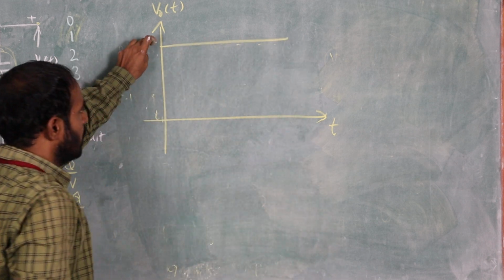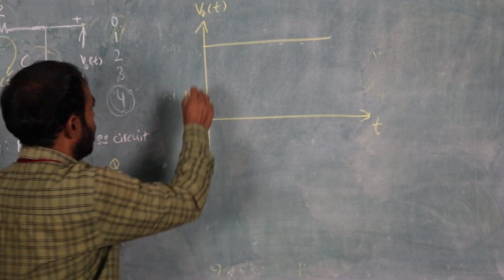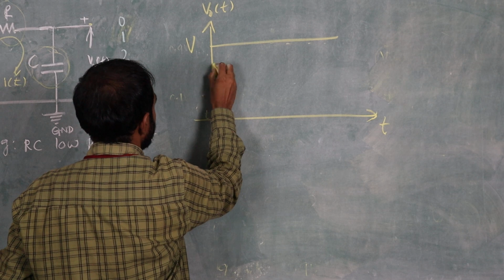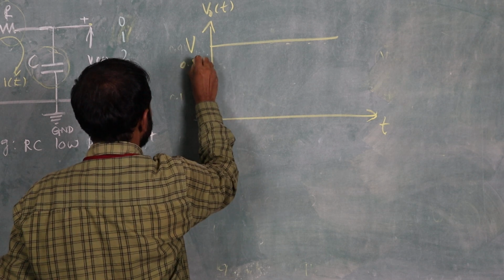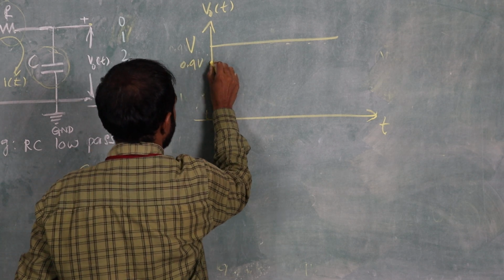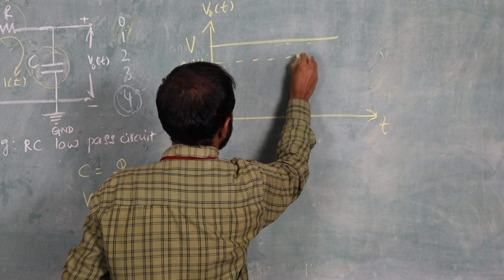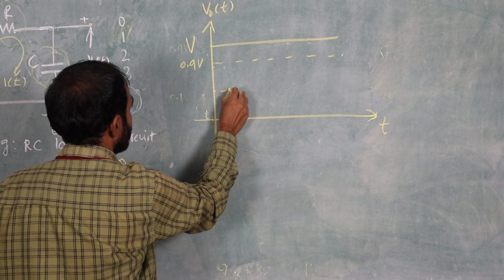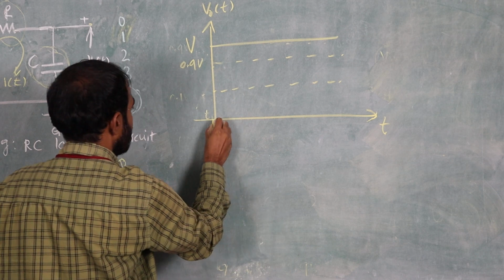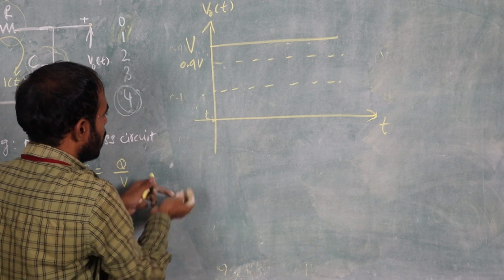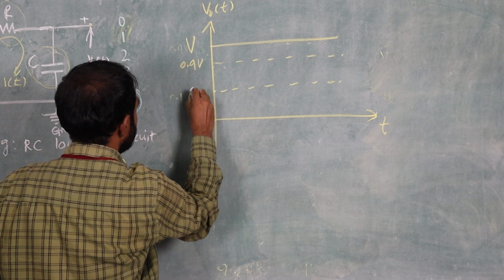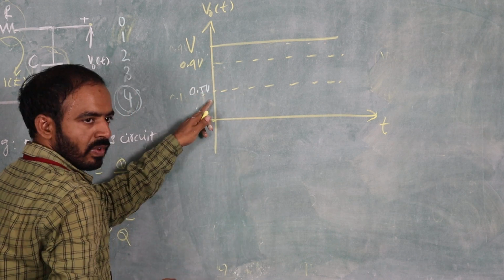This level is the input signal voltage level. This level is 0.9, this one is the 0.5 level, and this one is the 0 level. I have taken half of it, which is 0.5 volts.